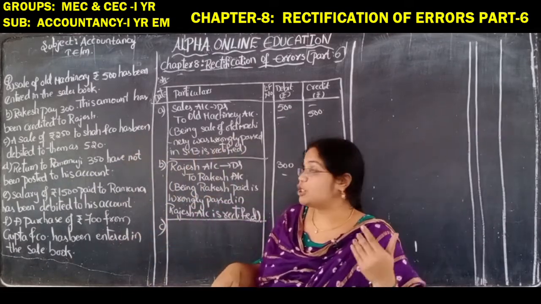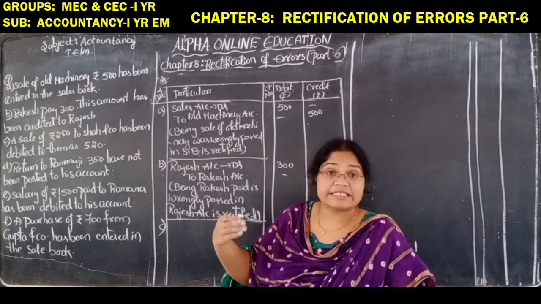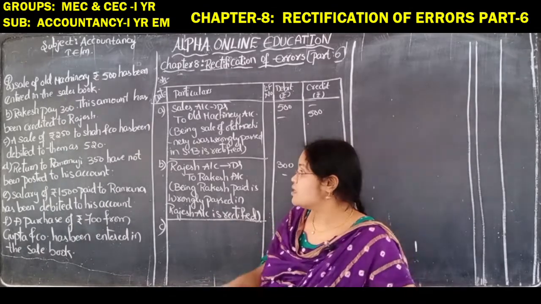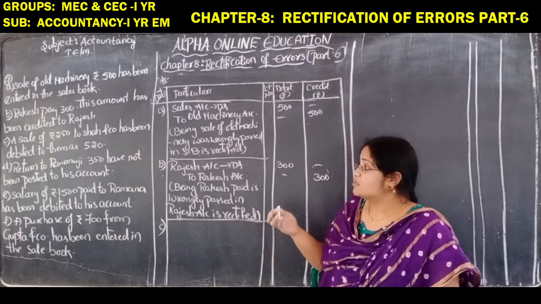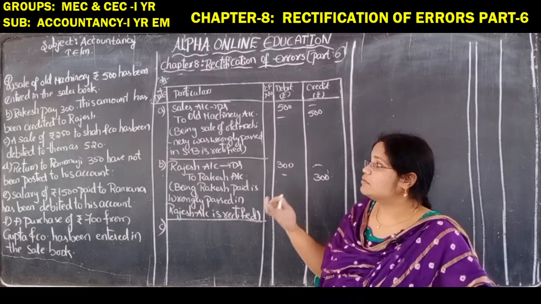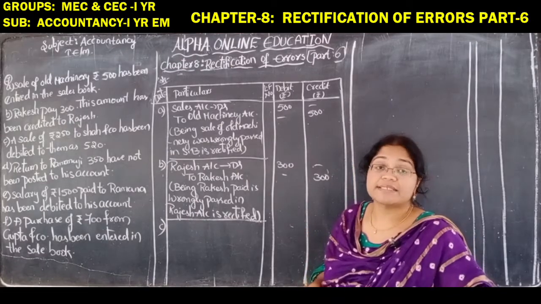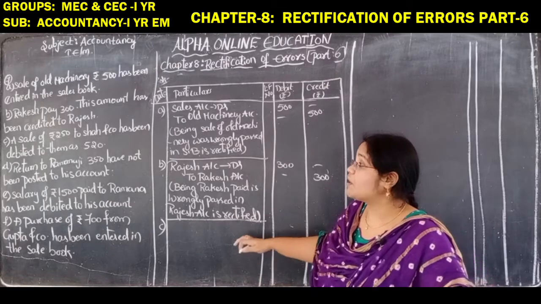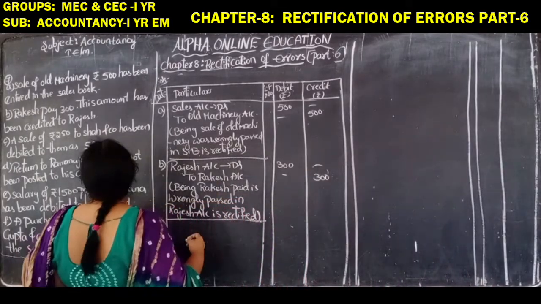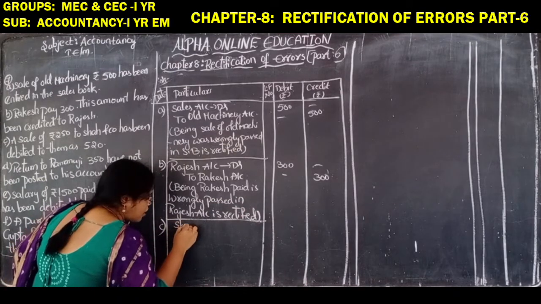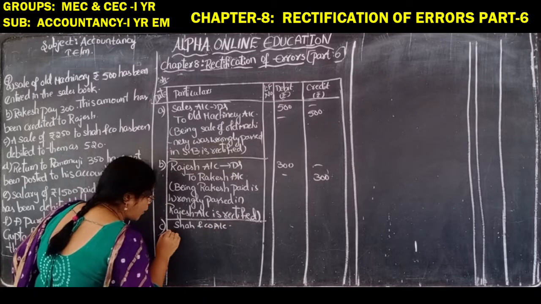Instead of debiting 250, they debited 520, means excess debit. So to the Shah and Co they have debited excess amount, that is 270 rupees excess. Now what we are going to do, we will credit it. So we will write the entry, Shah and Co account.